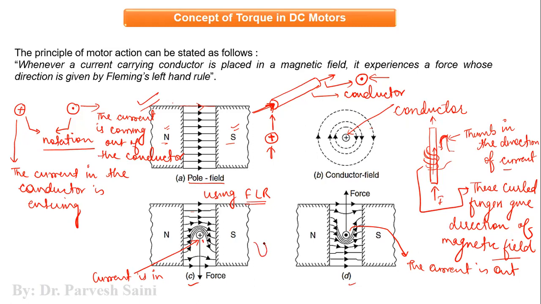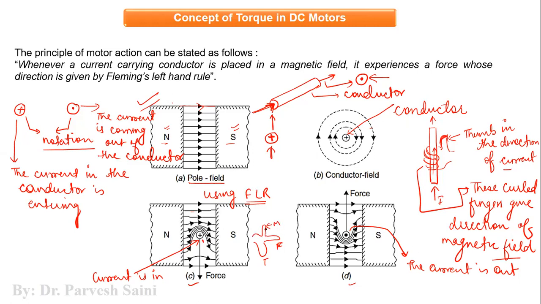So thumb can be taken in this way. This is the thumb, this is the forefinger, and this is the middle finger.